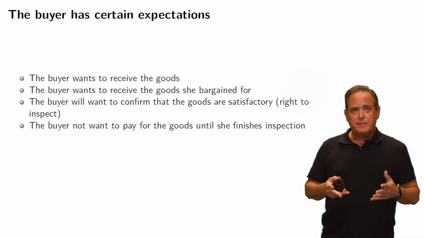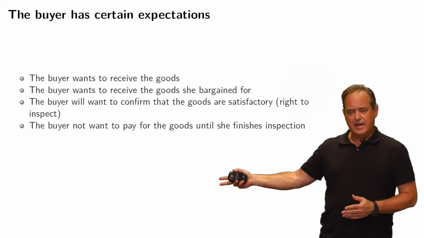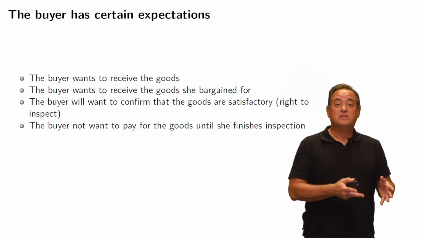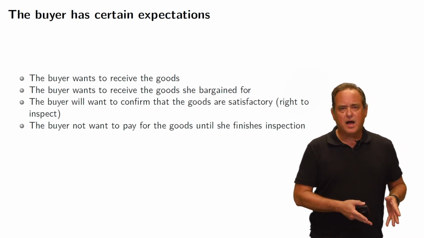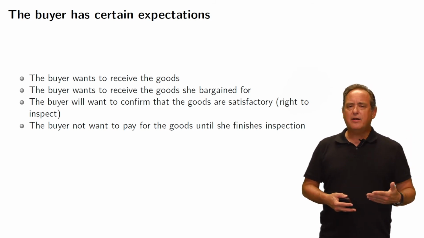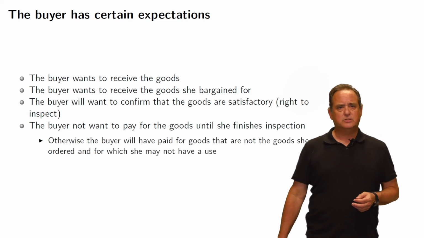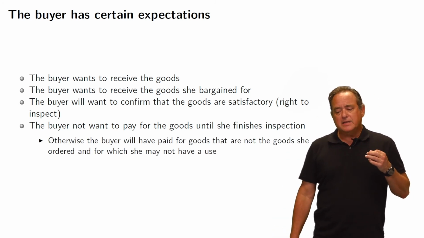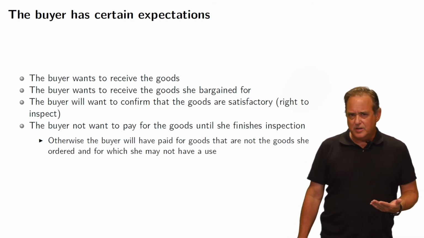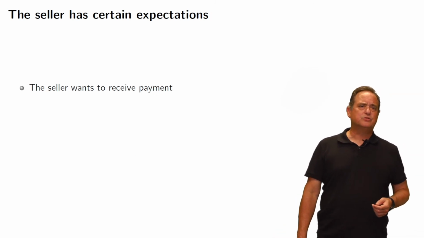Ideally, this is what every buyer wants. And this is for a transaction that could be as simple as buying a bag of chips at the convenience store, or as complicated as buying $1 million worth of electronics from China. So every buyer has those same expectations. They share those expectations. Because otherwise, a buyer doesn't want to pay for goods that are not the goods that were ordered, and for which she may not have a use.